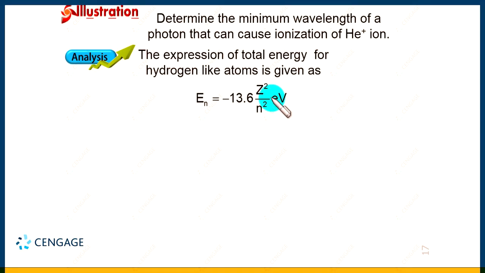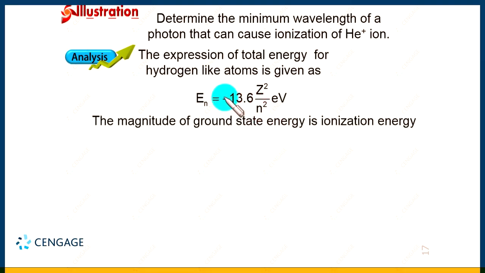That means, we can write ionization energy is equal to E infinite minus E 1, E infinite equal to 0. That means, ionization energy equal to minus of E 1 and E 1 is a negative quantity if we substitute n equal to 1. That means, the magnitude of the energy at the ground state is the ionization energy.